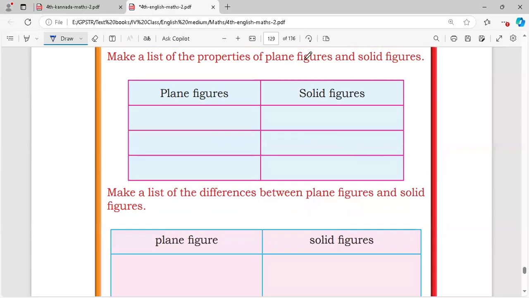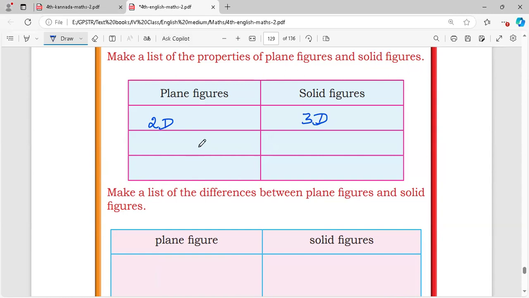Make a list of properties of plane figures and solid figures. This is two-dimensional, 2D. This is solid figures, or 3D in shape.